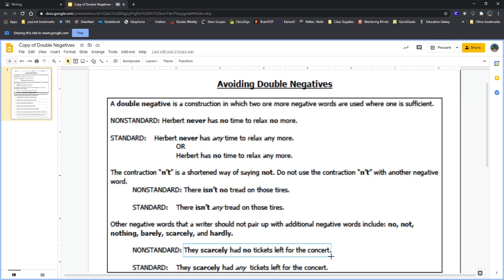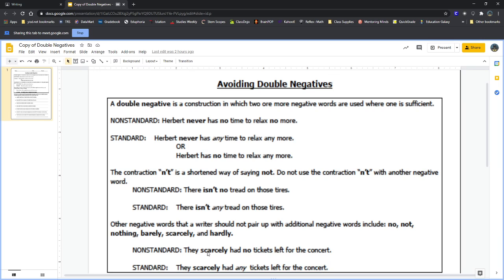So they give us another example of someone using double negatives. They scarcely had no tickets left for the concert. So we have scarcely and no that are both negative words. One way we could fix that is by changing no to positive. They scarcely had any tickets left for the concert.